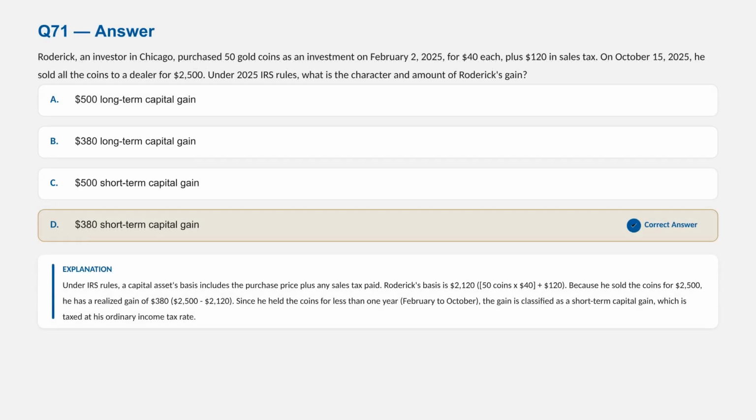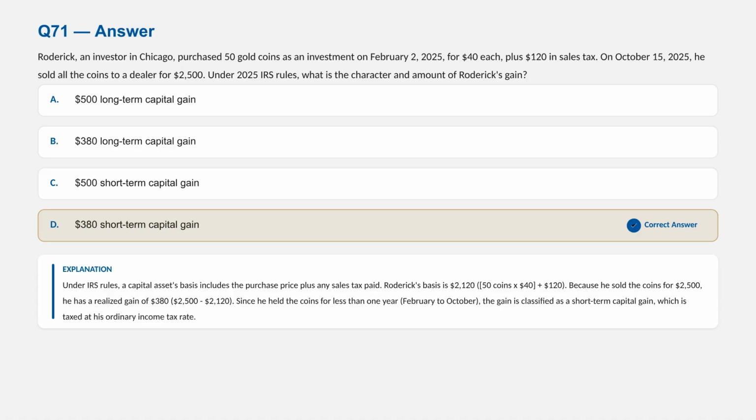The correct answer is D. $380 short-term capital gain. Under IRS rules, a capital asset's basis includes the purchase price plus any sales tax paid. Roderick's basis is $2,120: 50 coins times $40 plus $120.